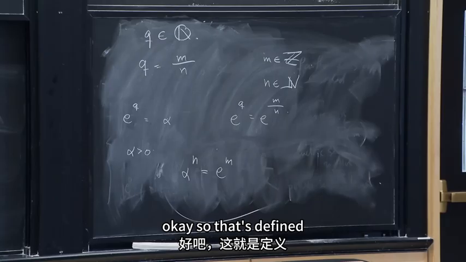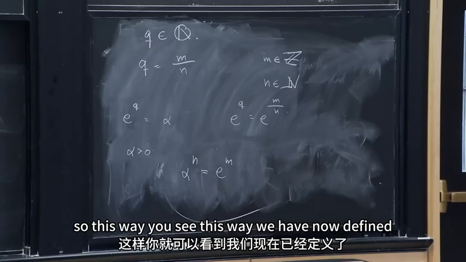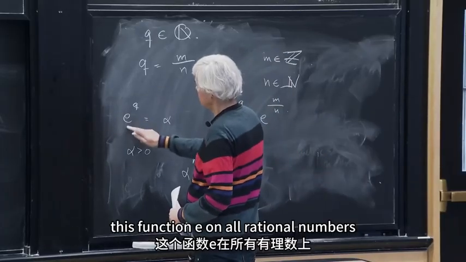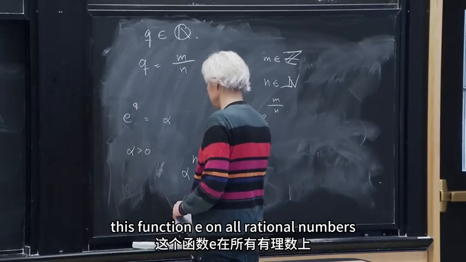Okay, so that's defined. This way we have now defined this function E on all rational numbers.